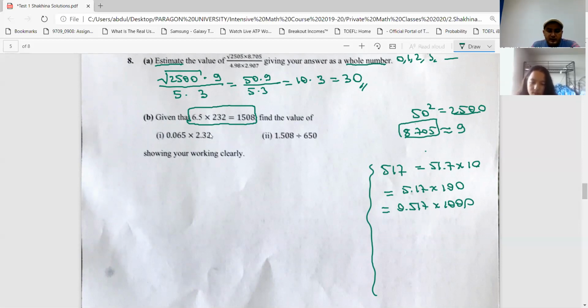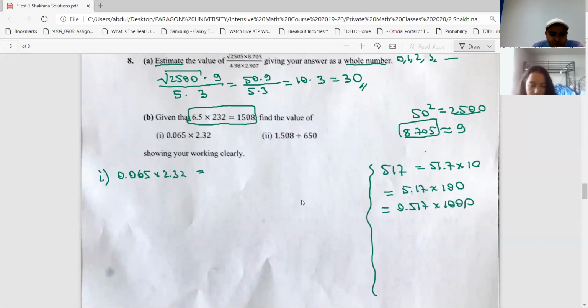So here, I try to write everything in this form. Let's try the first one: 0.065 multiplied by 2.32. If I want to shift this decimal point to the right, I should divide by the power of 10.